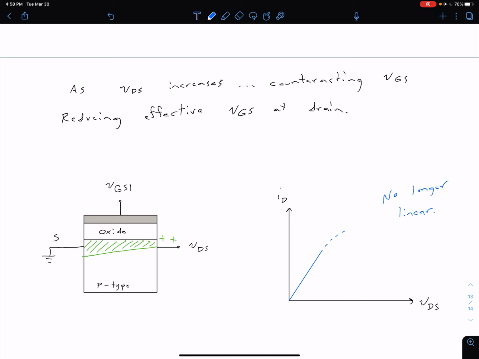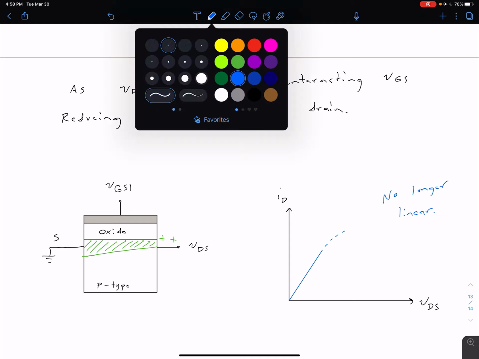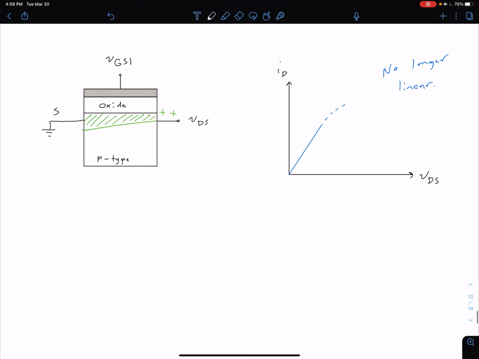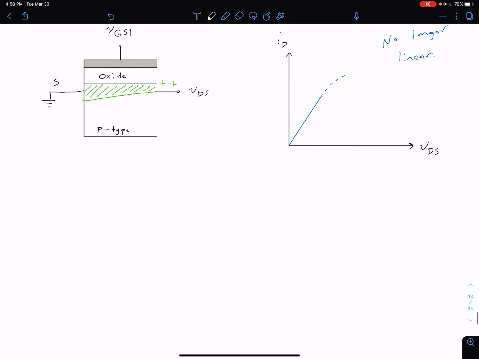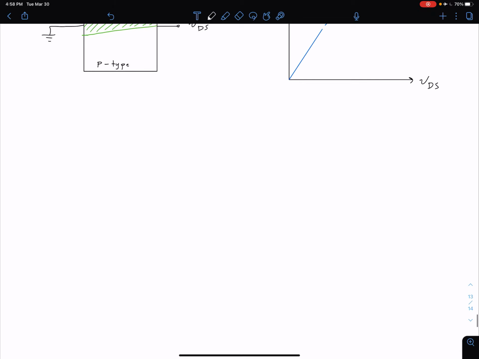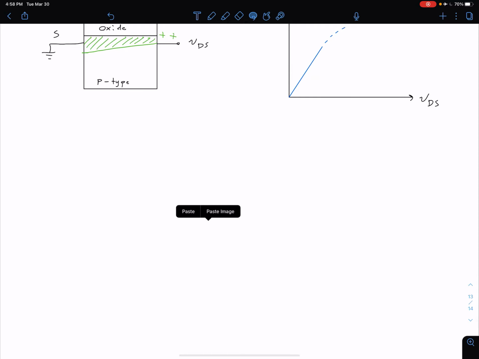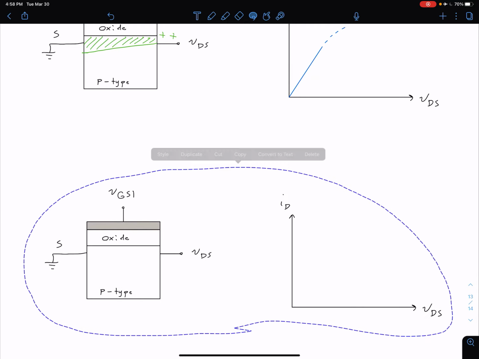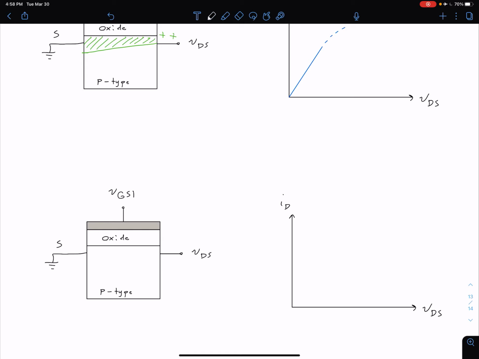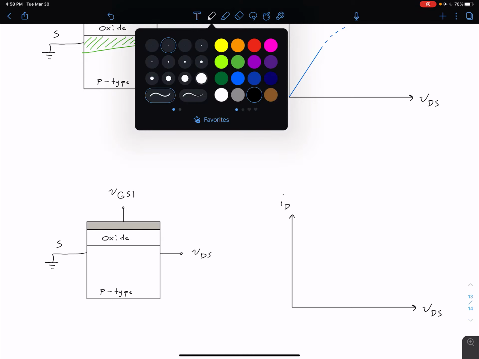Of course, we can keep pushing this further. Say we keep increasing this, and eventually we get to a point called the saturation point. Let's look at what this looks like on our plot. Let's say we have the same width over here, and let me switch to green.